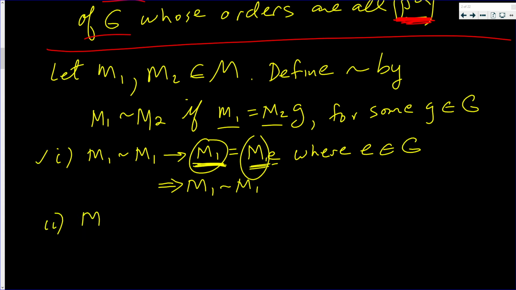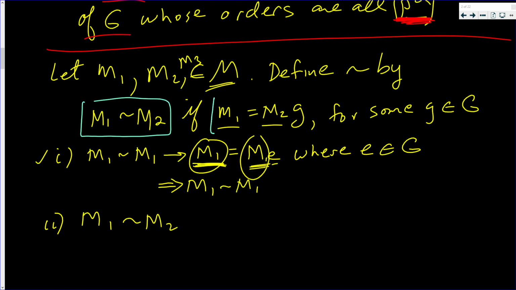Number 2: also, M3 is in script M. If M1 is related to M2, I have to show that M2 is related to M1. Now, let's look at the relation.